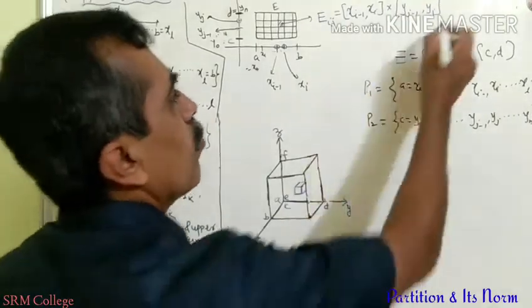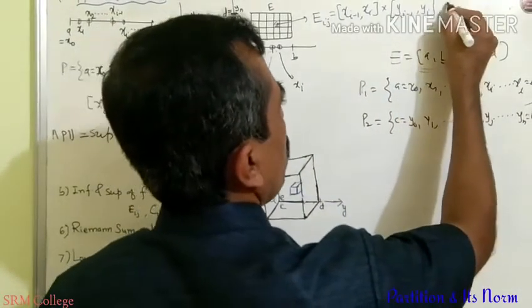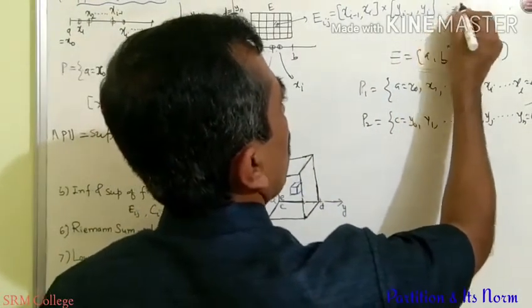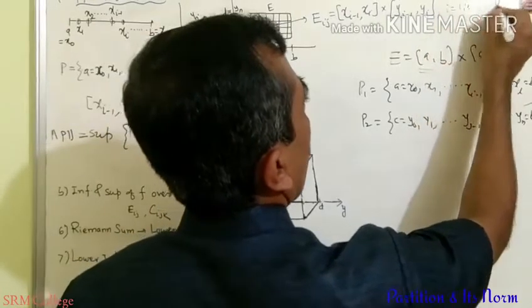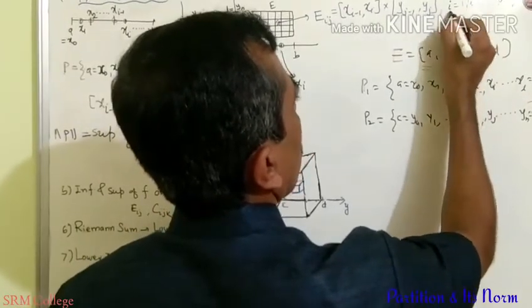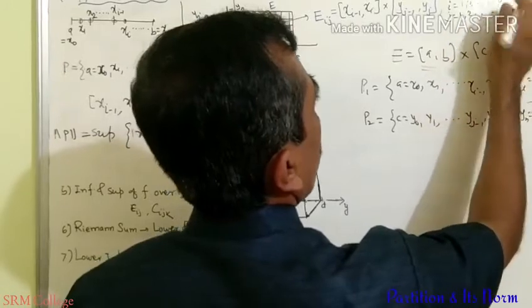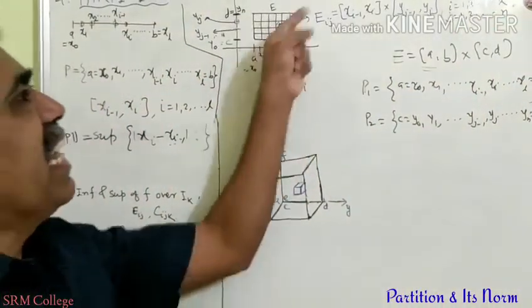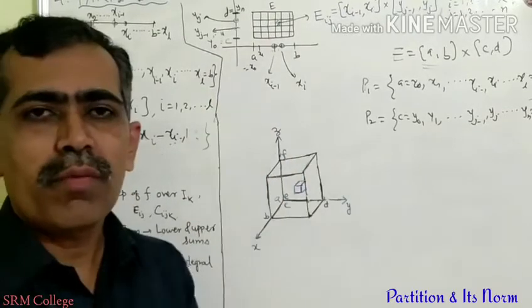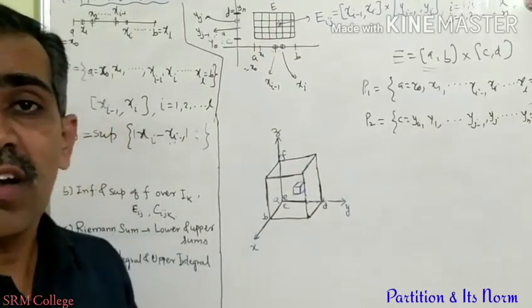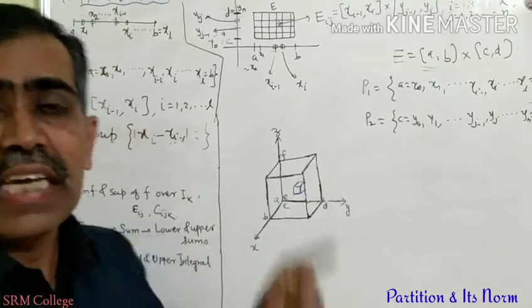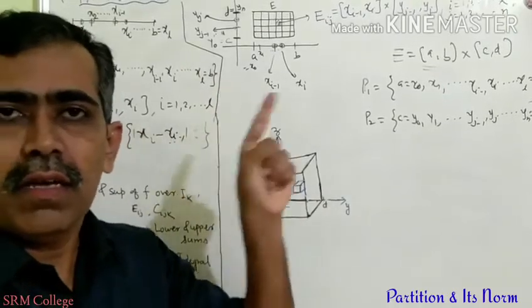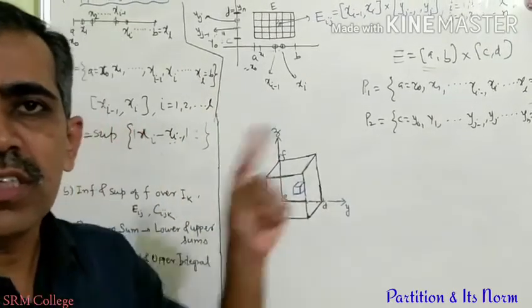Here i runs from 1 to L and j runs from 1 to n. So you will have L into n sub-rectangles. This is how we partition a rectangle E is equal to AB cross CD in R2.